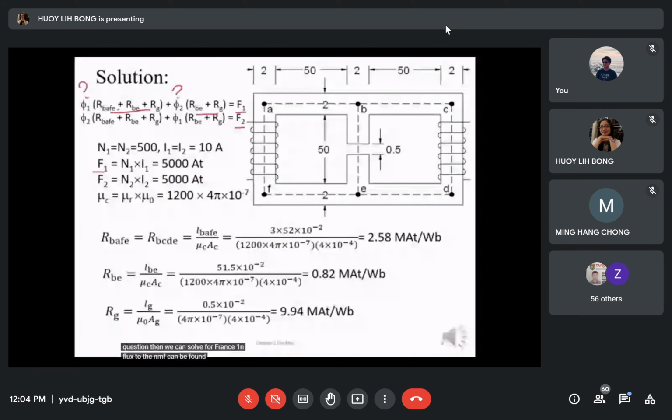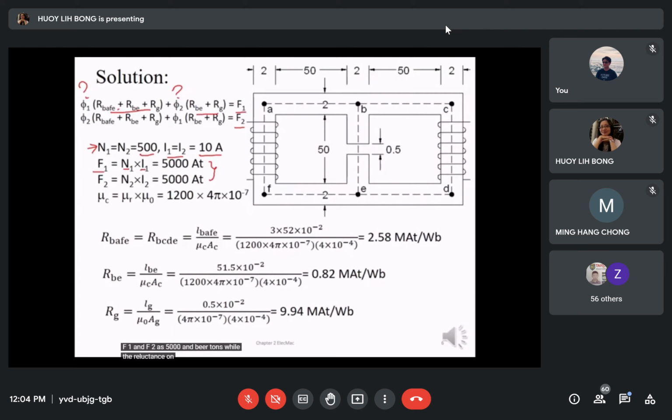The MMF can be found by multiplying the number of turns with the current. It is given N1 and N2 as 500 and the current is 10 amp. Hence, we get F1 and F2 as 5000 ampere turns.